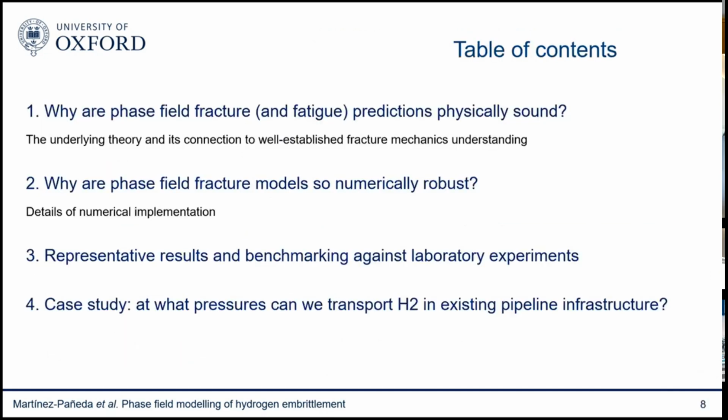So let me tell you about the table of contents, but I guess the question is, why is it so physically sound? And this is going to be the first part of my talk. I'm going to spend some time explaining why phase field fracture and also fatigue predictions are physically sound. So I'm going to explain a little bit about the underlying theory, and then I will explain how it's well connected to fracture mechanics understanding. Then I will discuss quite briefly the numerical implementation and explain, for those of you working in this area, why it's numerically so robust, why it's so compelling.